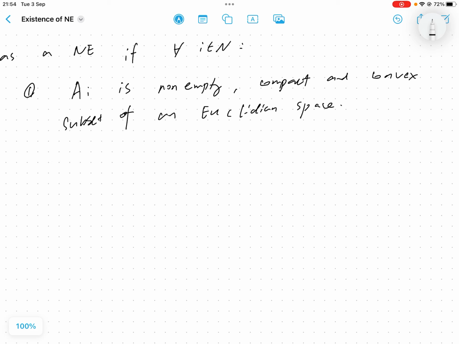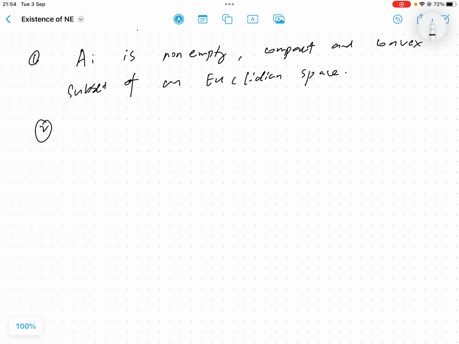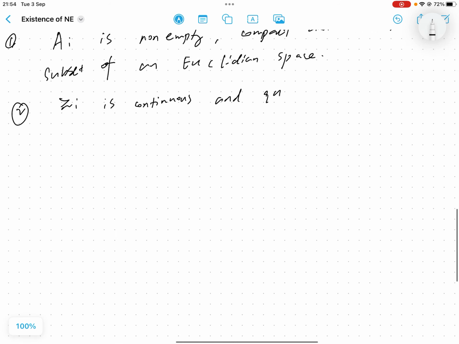That's the first condition, and the second one is that the preference relation for player i is continuous and quasi-concave.